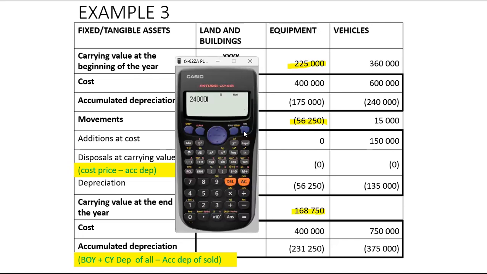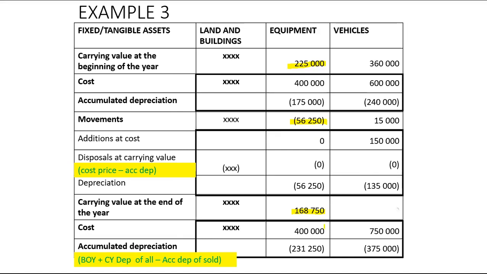It's 240,000, which is accumulated depreciation at the beginning of the year, plus 135,000, which is current year depreciation. It will give you 375,000. And then you will take 750,000 minus 375,000. It'll give us carrying value of 175,000. I think I have proved it earlier on how you get that.